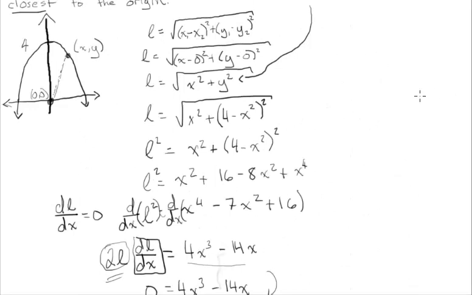So just going back and looking at it, root 7 over 2, 1/2, that's somewhere around here. So it makes sense that there's 2 points which are the same distance just by symmetry.